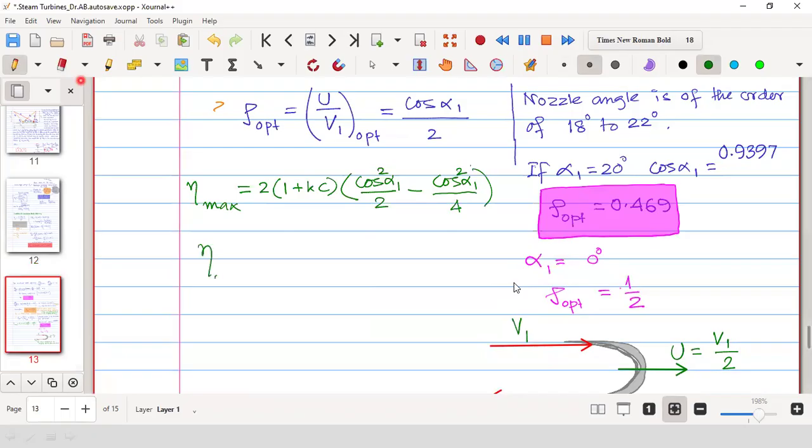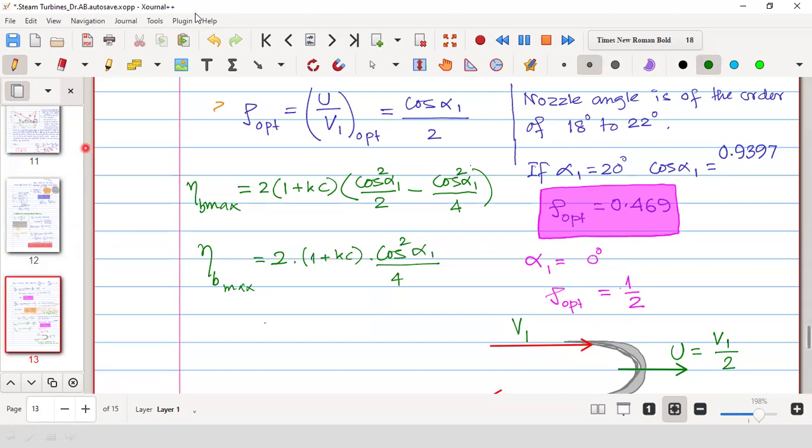So the maximum blade efficiency, eta B max, is equal to two multiplied by 1 plus kc multiplied by cos square alpha 1 by 4.